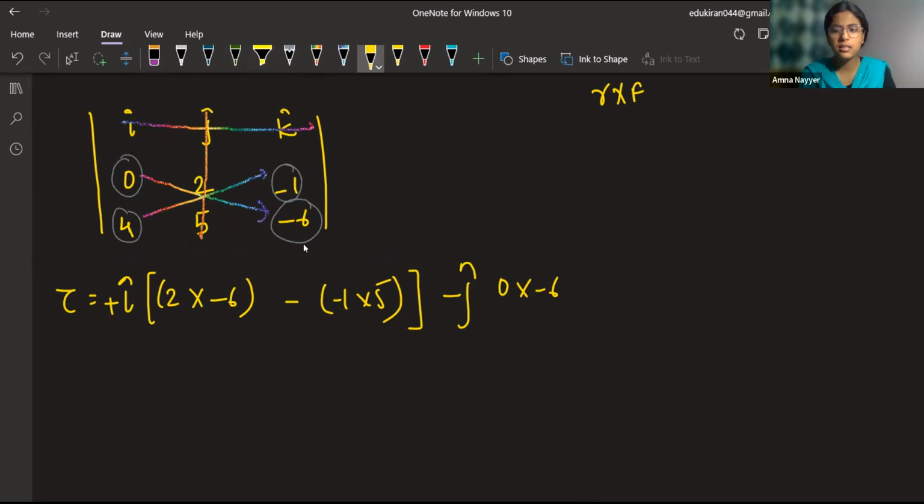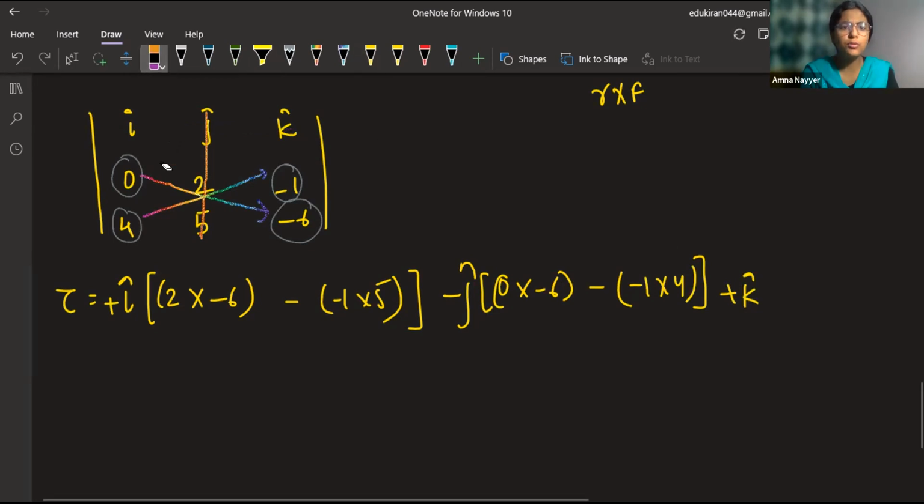This is 0 into minus 6 minus 1 into 4. Wherever anyone is having any confusion, please stop me there. I'll repeat it. Fine. Now for J cap just remember you have to put a negative sign. So same thing you have to do for J cap.